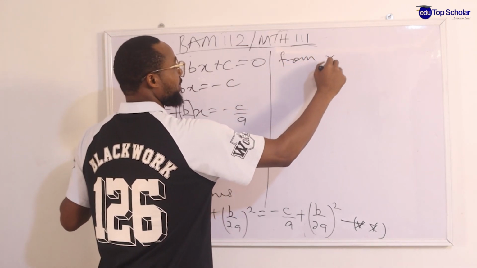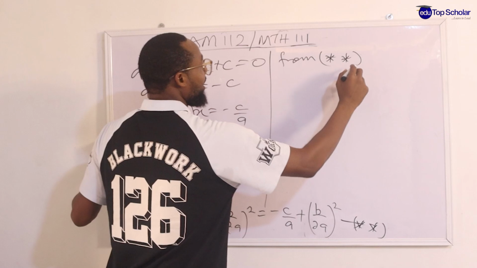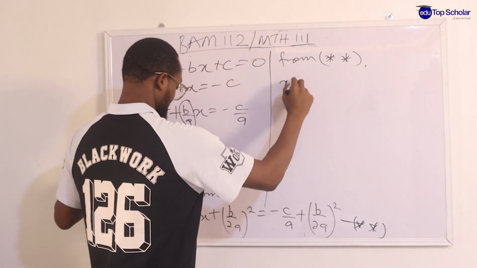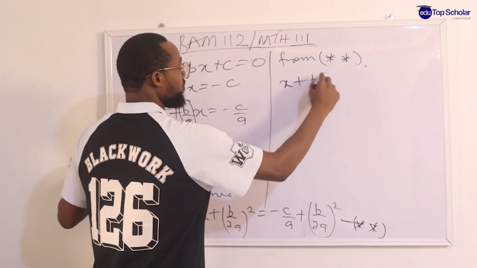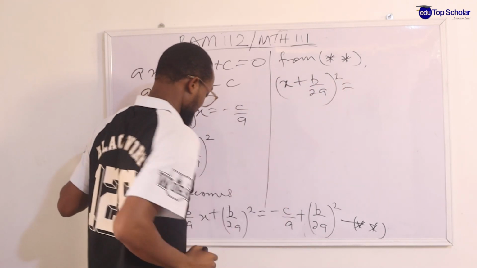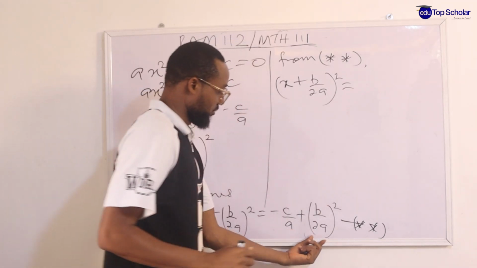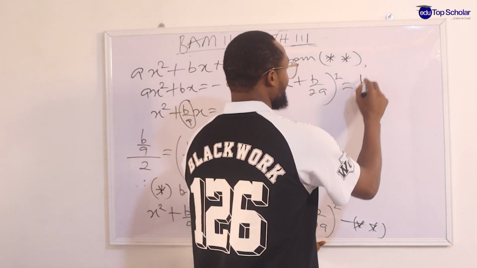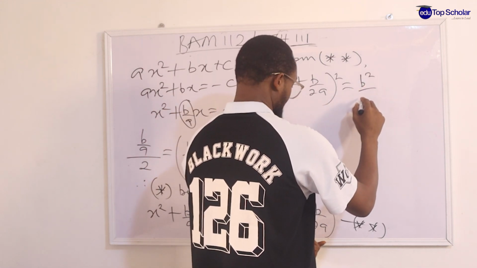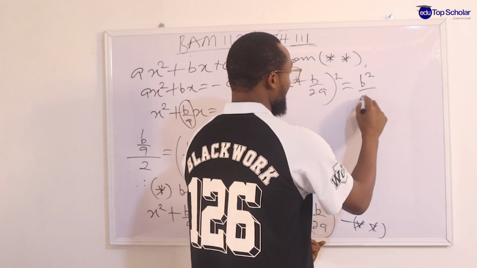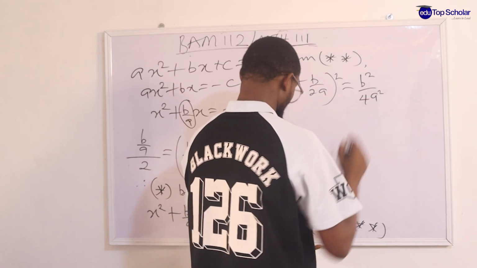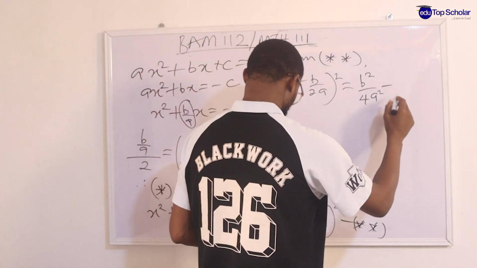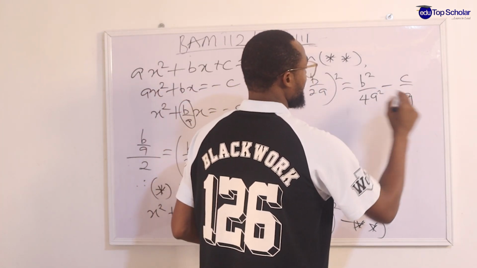From equation star star, x plus b over 2a all square will give us, I want to improve on this one a little bit, so that I have b square over 2a squared, which is now 4a squared. Because this one is minus, I want to throw it inside. Minus c over a.